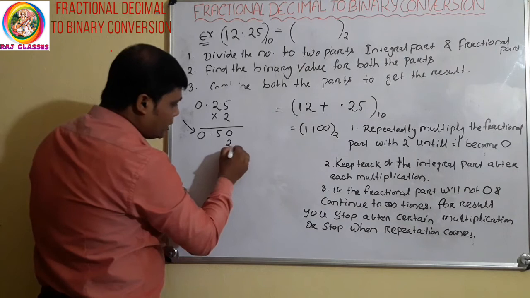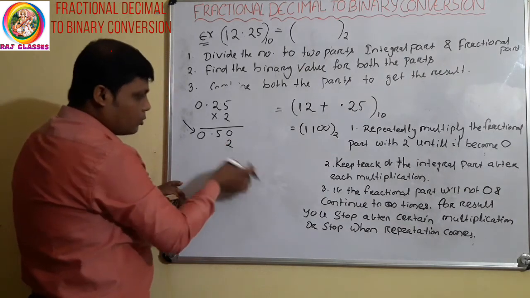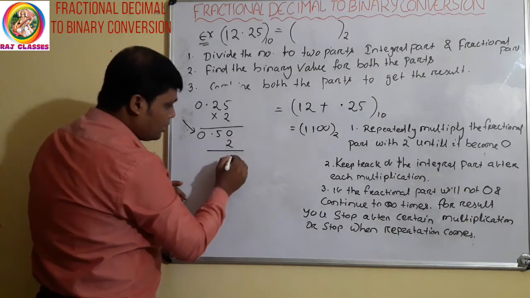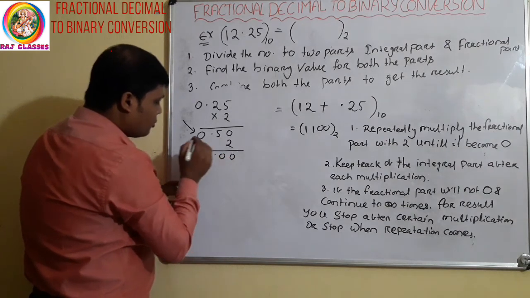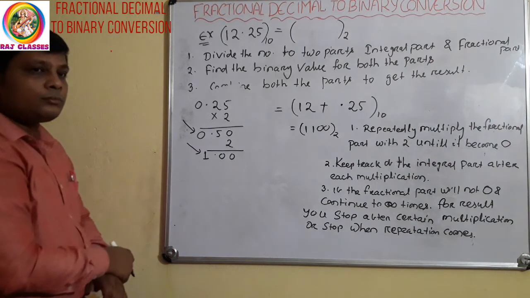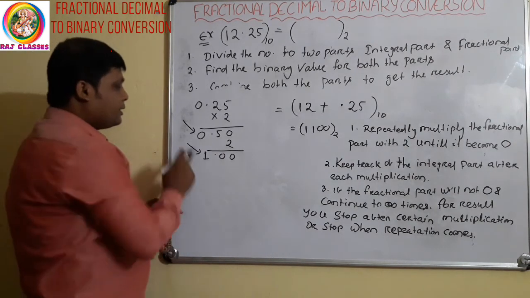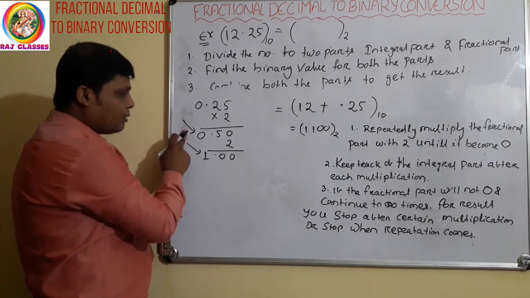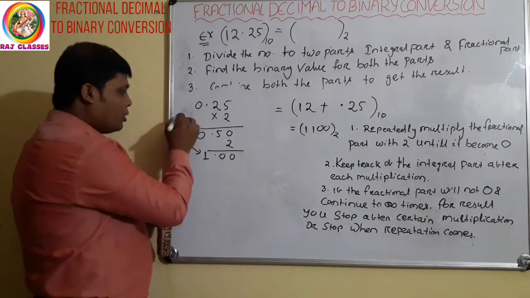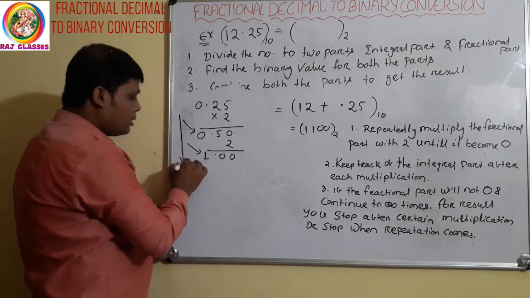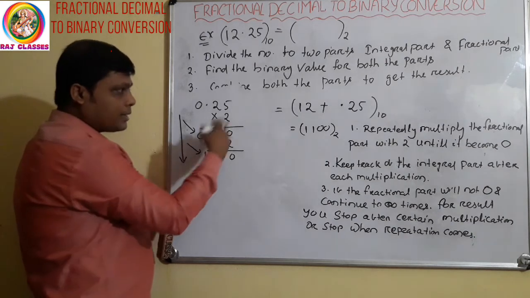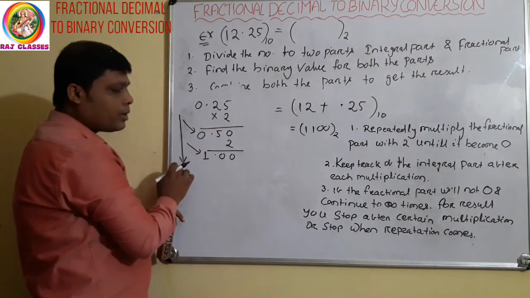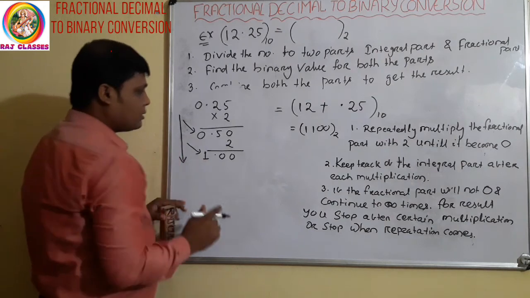Then again multiply the fractional part with 2. This will be 1.0, and the integral part will be 1. Clear? This is the first integral part and this is the second. In the fractional part case, we have to travel from top to bottom to get the result.